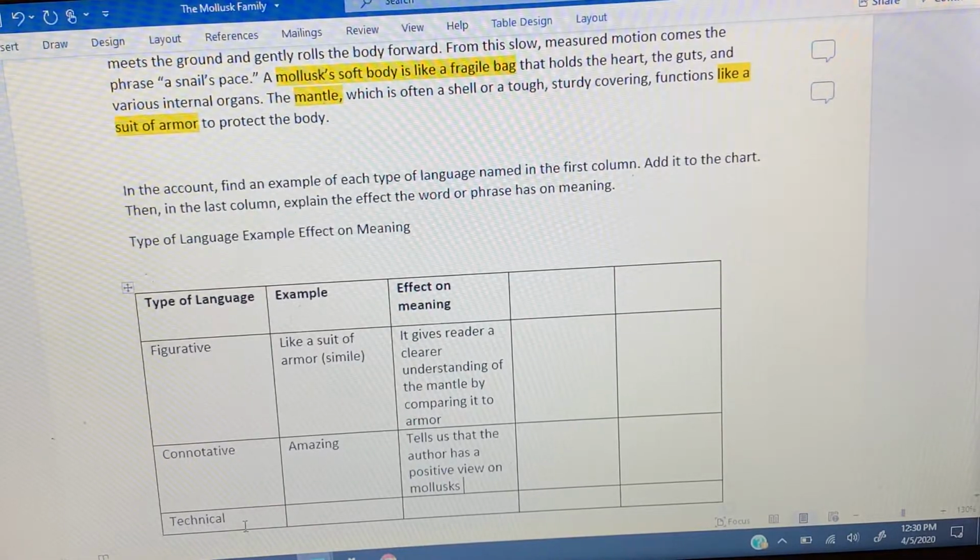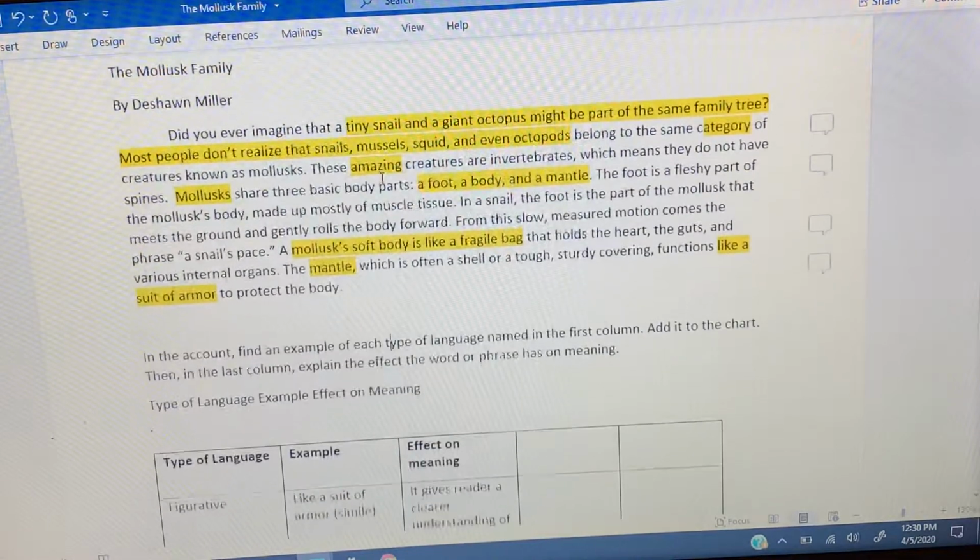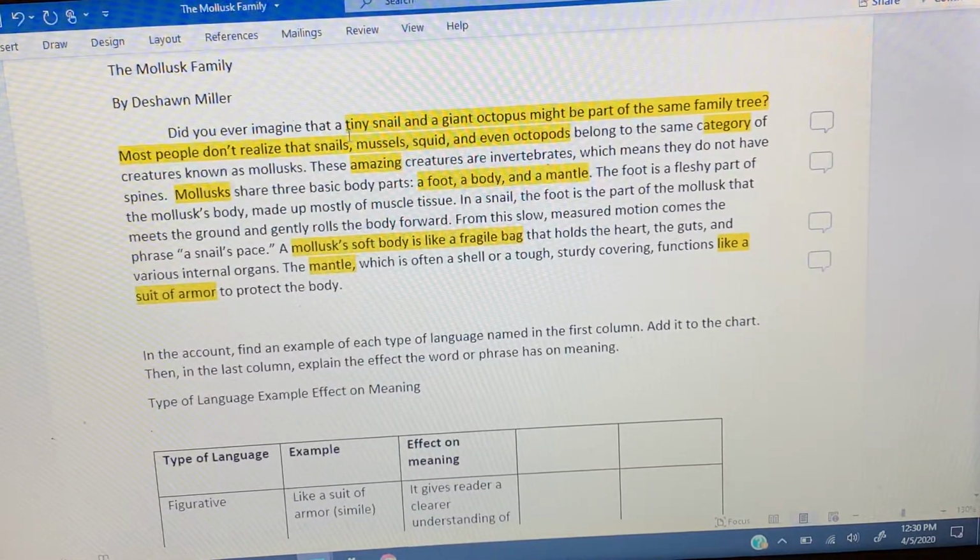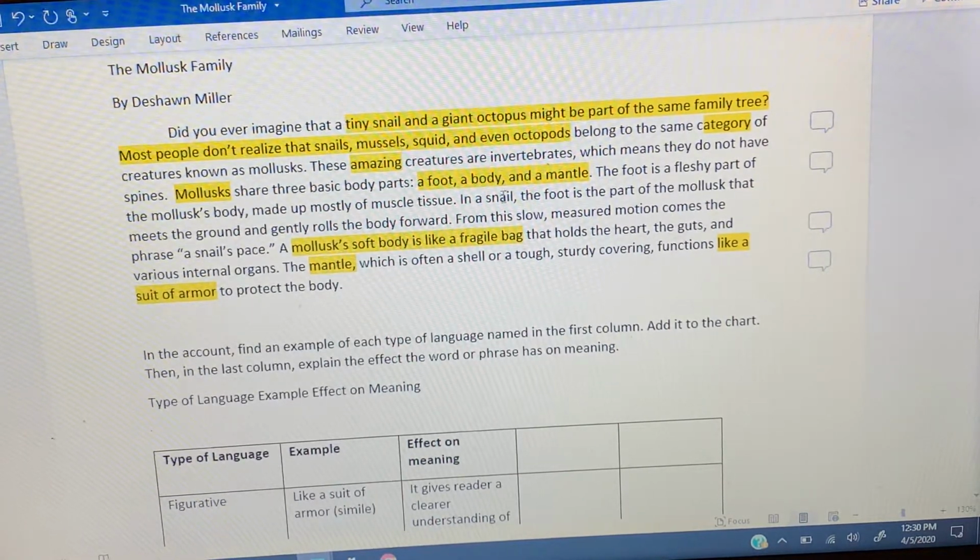And now we need to find an example of a technical term. So there's a variety of technical terms that are here. We talk about categories, those are technical. We talk about the foot, the body, and the mantle, those are parts of the animal itself, specific language, words that are used by biologists to describe the parts of the body of the mollusk.